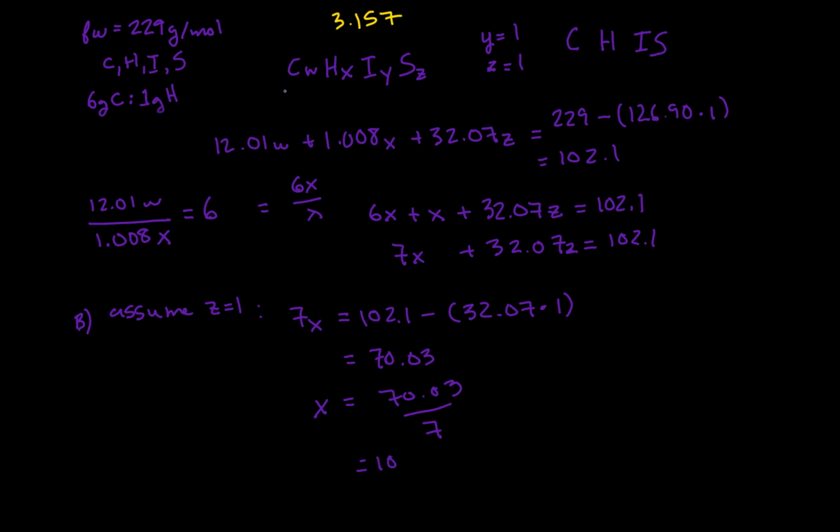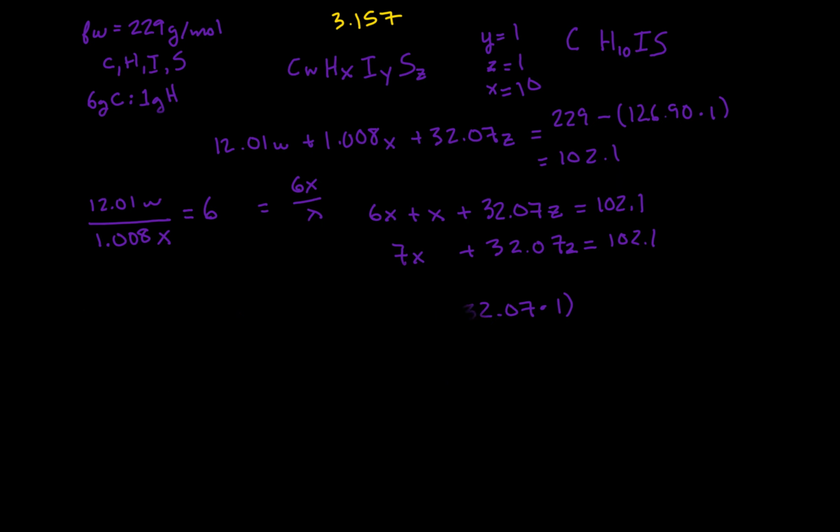Again, these all have to be whole integers. There are no decimals in these things, so you just round all these things to your heart's content. So if x equals 10, we're going to put that up here, and we'll put it in the formula, and at this point it's all over but the fat lady singing.